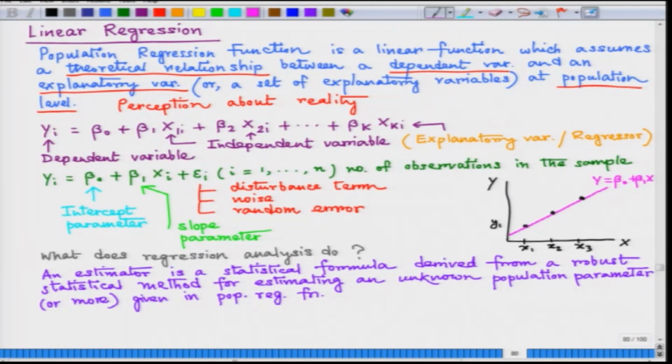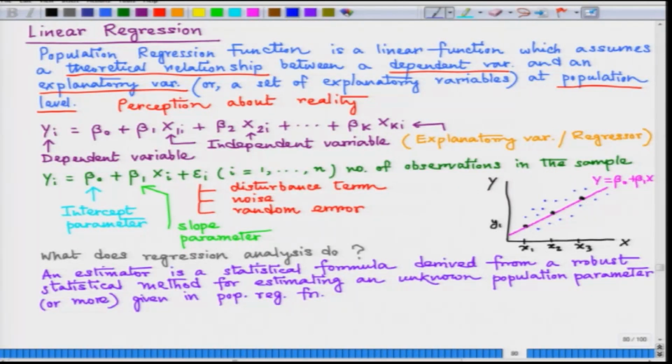But due to the presence of noise in the economy and, of course, as a result in the data, we actually observe lots of points in this y x plane.